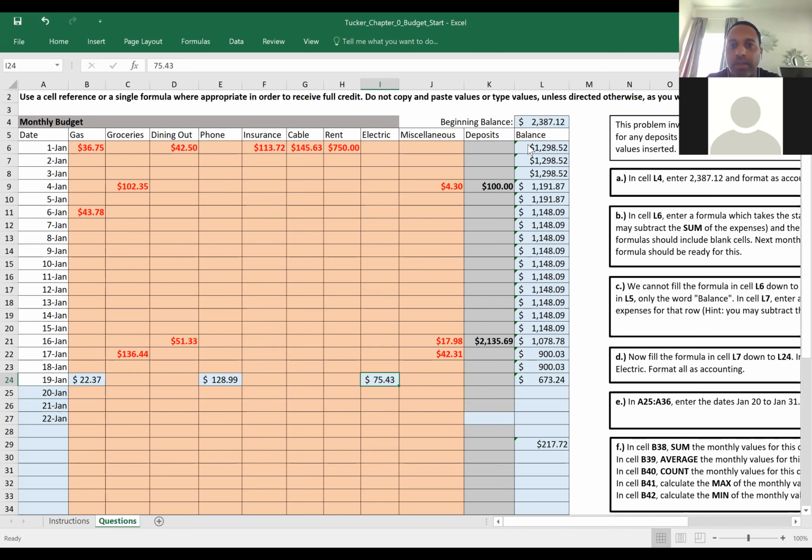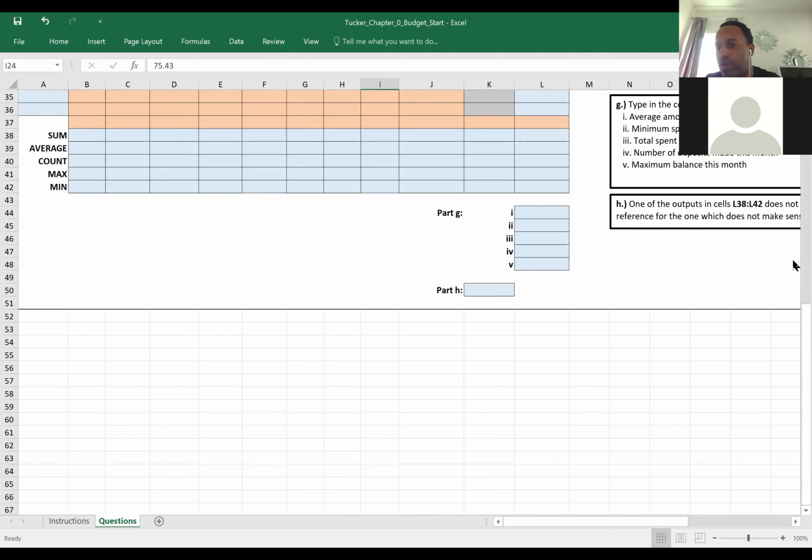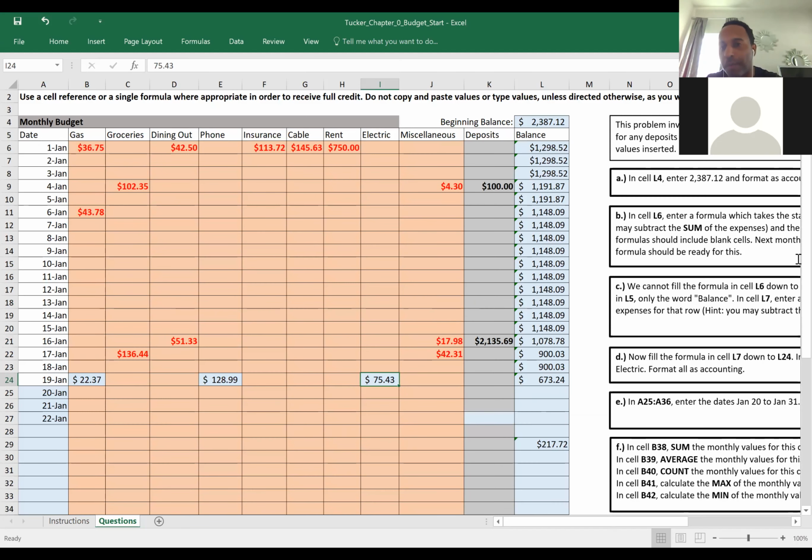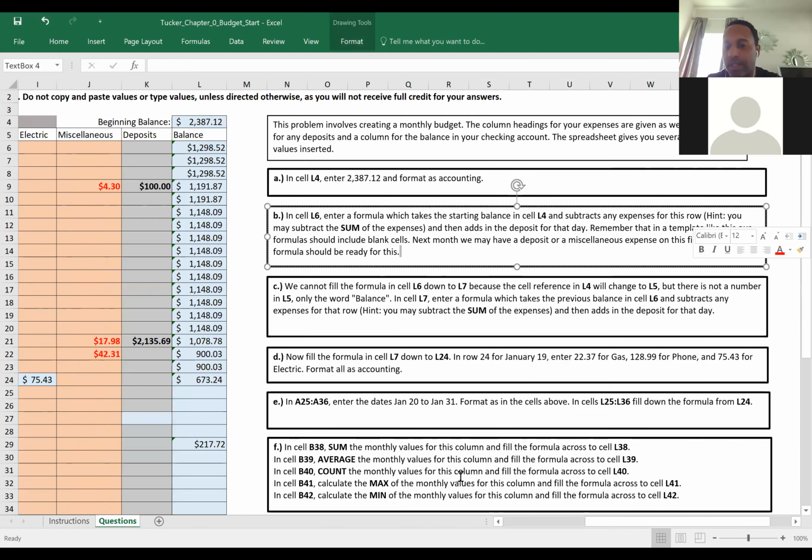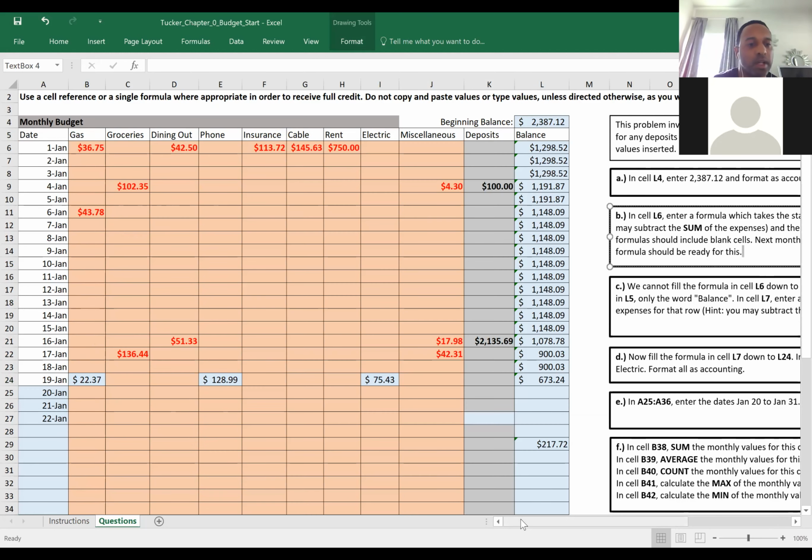Format dates. Okay, format dates. Yes, so you would just type in the date, and you would really do it the same way that you format your cells generally.